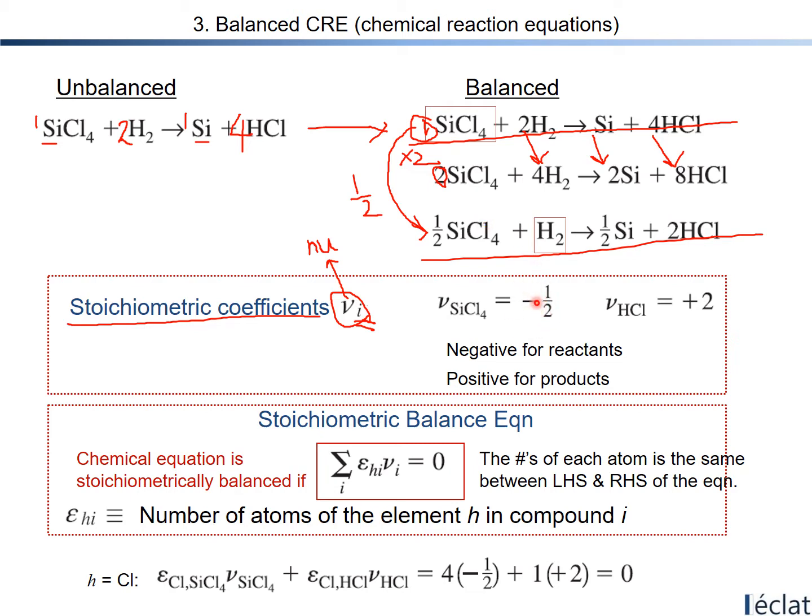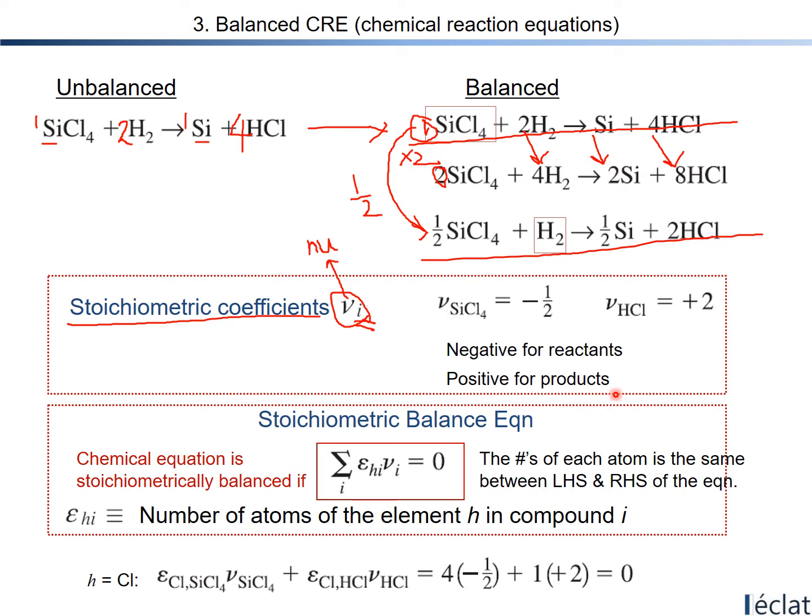That is the convention in this textbook. Also, nu HCl: the stoichiometric coefficient is 2 with plus because HCl is a product. So the convention of the stoichiometric coefficient is negative for reactant, positive for product.